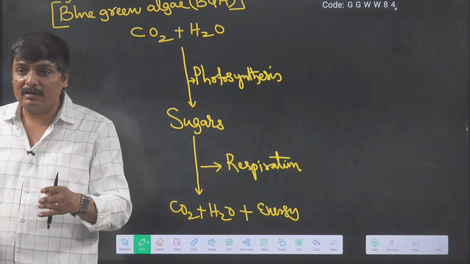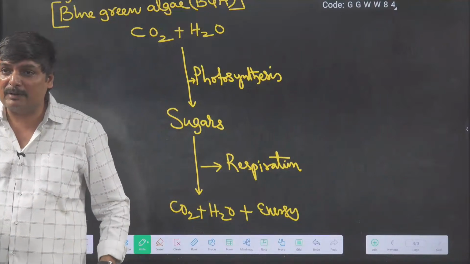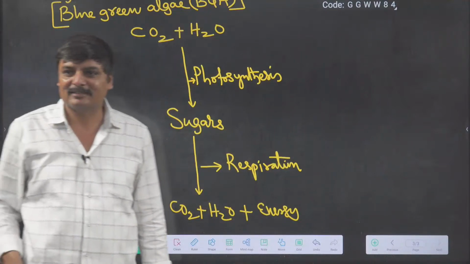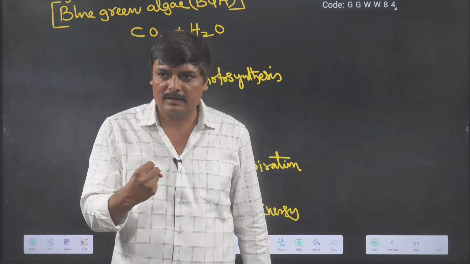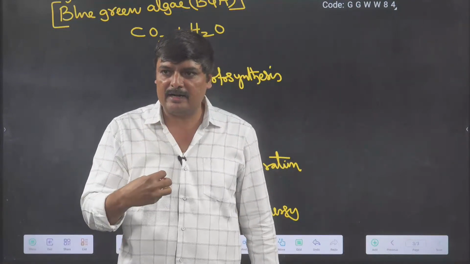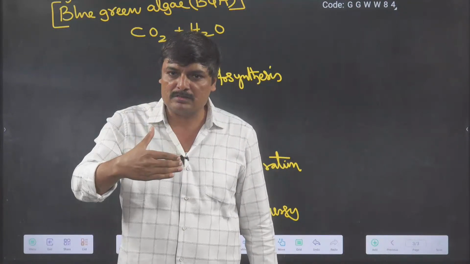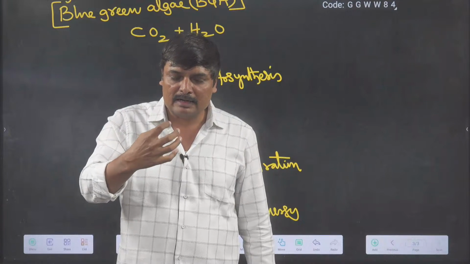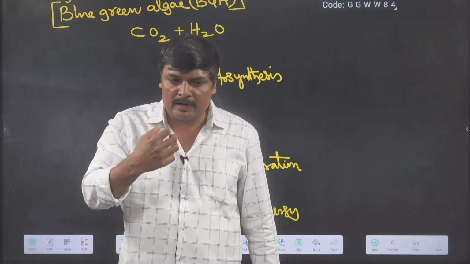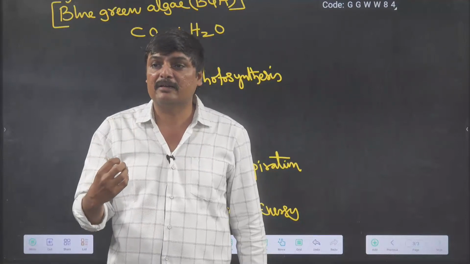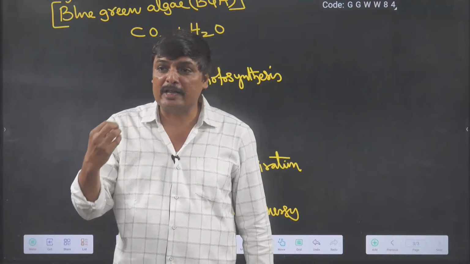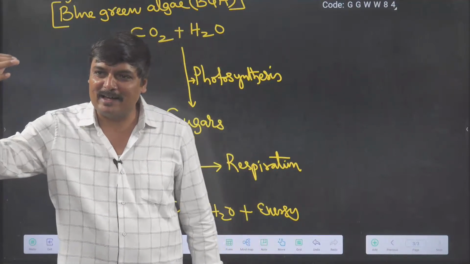And remember, energy is not liberated at once. After food is oxidized, energy is liberated due to the breakdown of bonds, but the released energy is not liberated at once. Energy is liberated slowly in a stepwise manner.